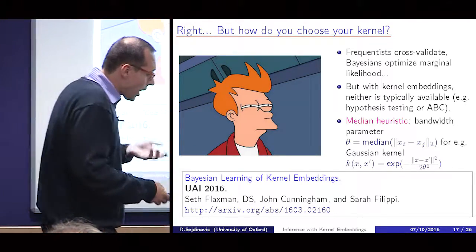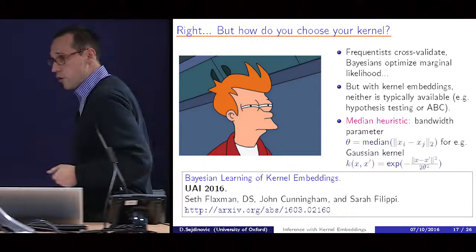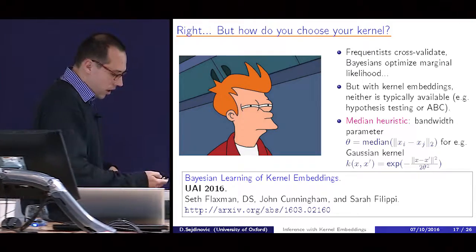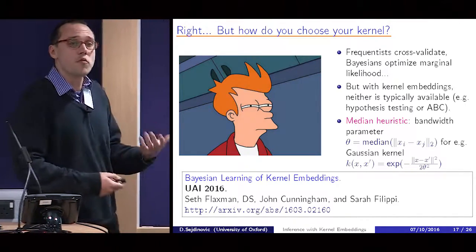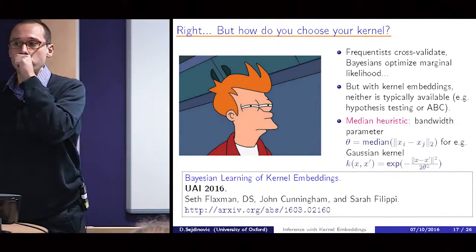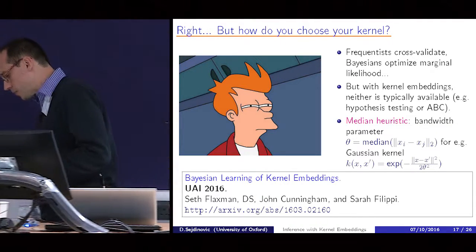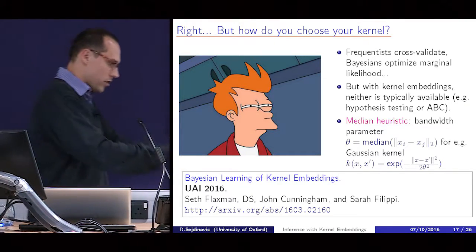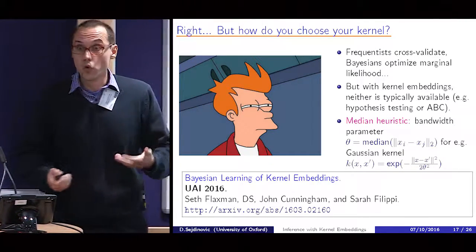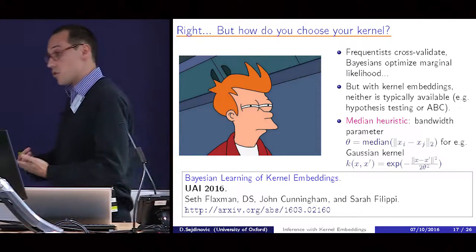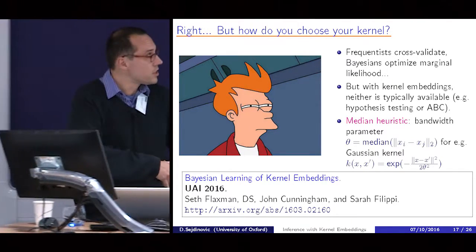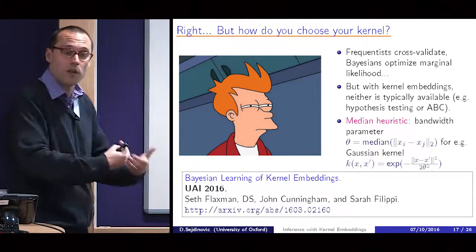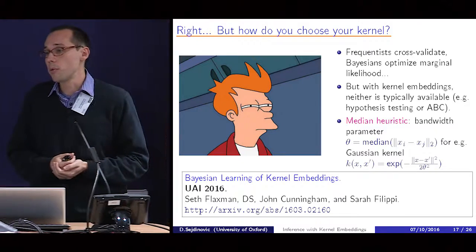If you're doing support vector machines or something like that with kernel methods, then typically there will be some framework to tune the hyperparameters of your kernel function, some guideline on how to select them. You could use cross-validation, or test error on a held-out data set. If you use a GP model, a Bayesian version of kernel methods, then you have your marginal likelihood, some handle on the choice of hyperparameters.